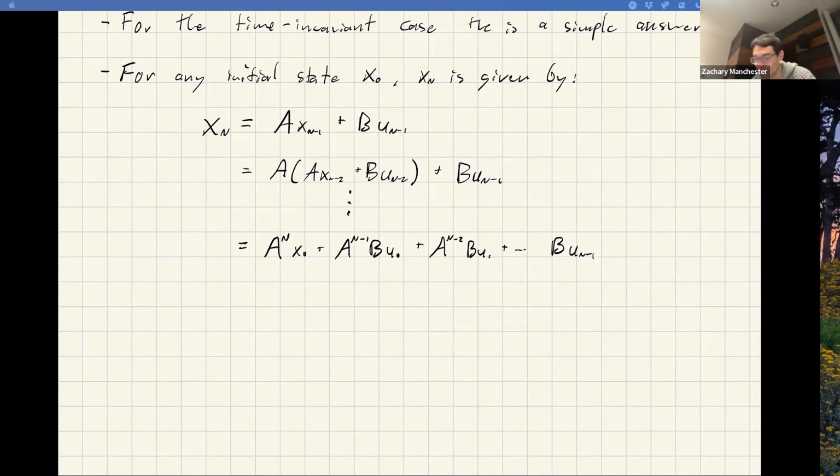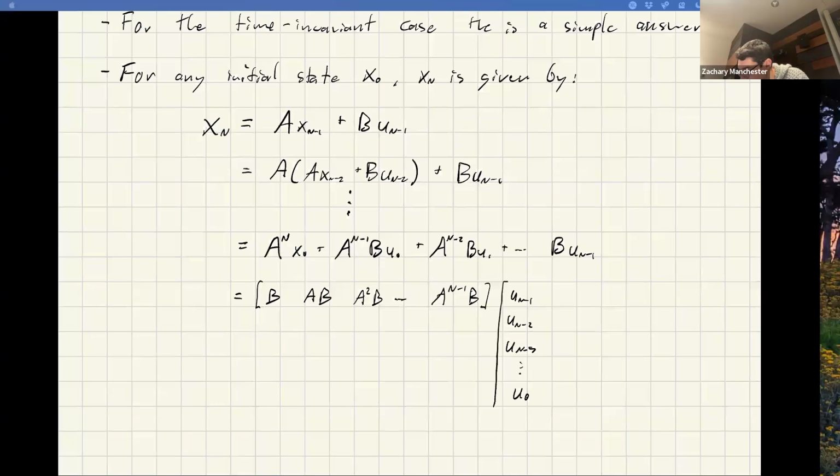Okay, cool. What I'm going to do next is package that result into a matrix. So I'm going to write it like so. We've got B, then A times B, then A squared B, dot, dot, dot, all the way to A to the n minus 1 B. And I'm going to stack the controls over here: U n minus 1, U n minus 2, U n minus 3, dot, dot, dot, all the way to U naught in a vector.